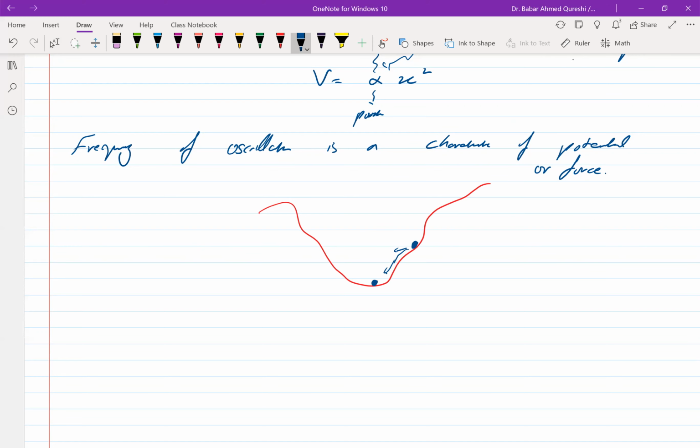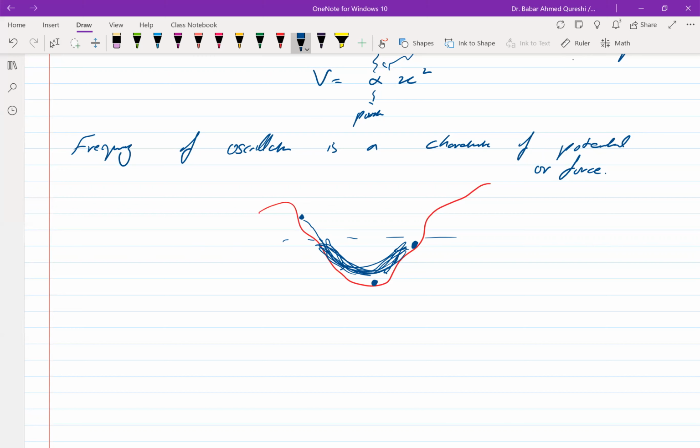And if I leave it anywhere over here, it will try to roll down. And you expect that it will go like that, and depending on its energy, it will oscillate like this. So all trapping potentials, all potentials which describe bound states.